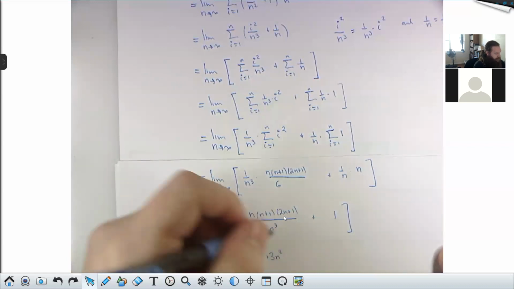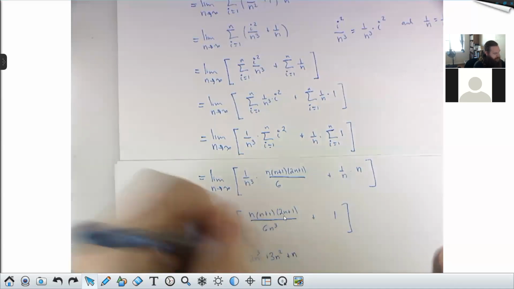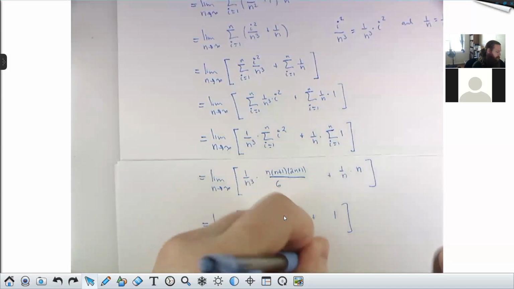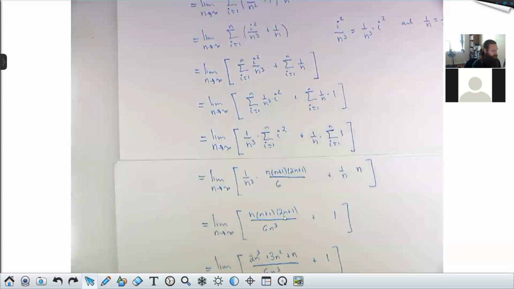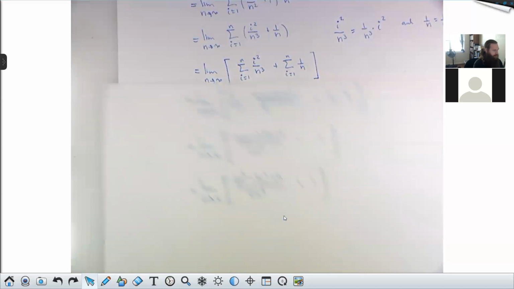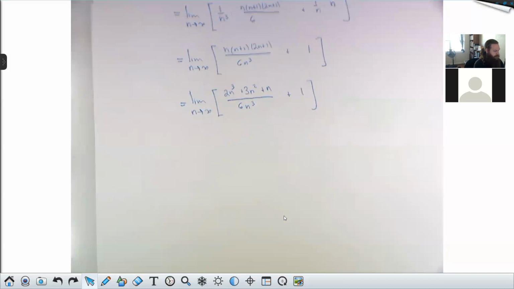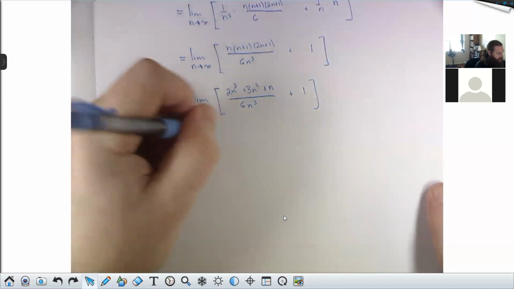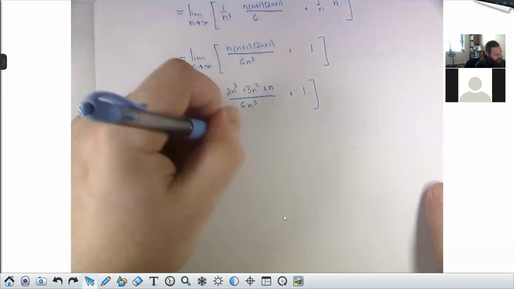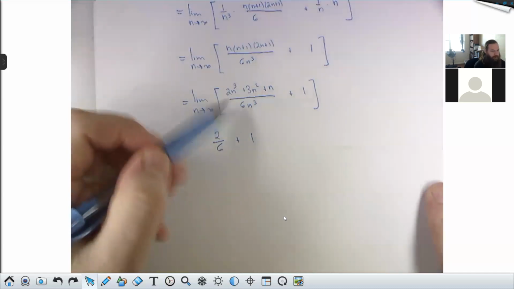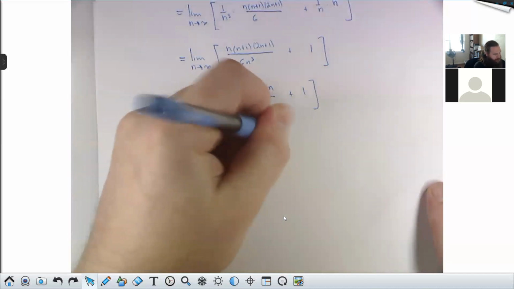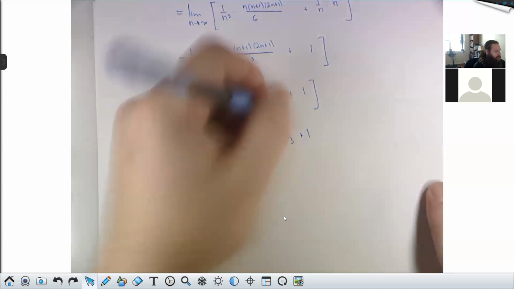And then n times 1 is going to be n, all over 6n cubed. And we have our plus 1 here. And by renormalizing, I can find that this limit is going to be 2 over 6 plus 1. It's the ratio of lead coefficients. You can use that old trick too. So this is 1/3 plus 1, which is 4/3.